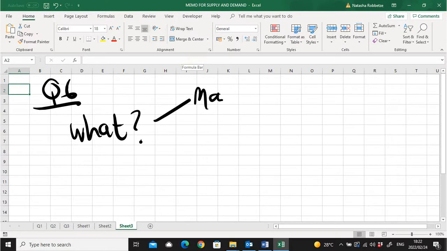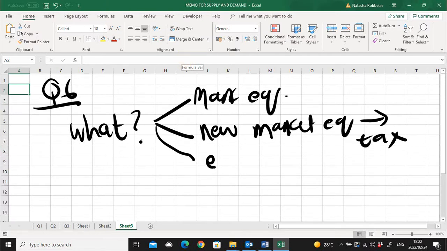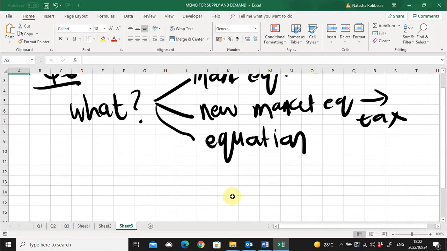They can ask you for market equilibrium. They can ask you for new market equilibrium if you have a tax which affects the supply only, or they can ask you for the equation of a supply linear function or a demand linear function. This is what can be in a test.